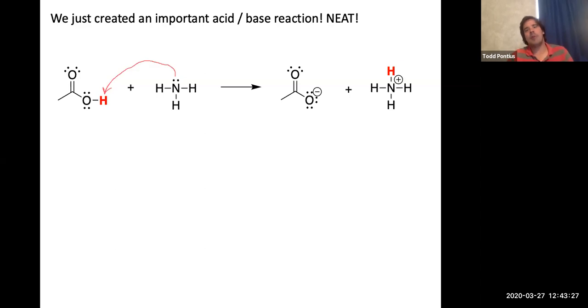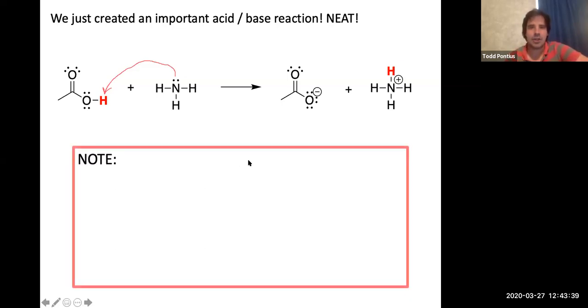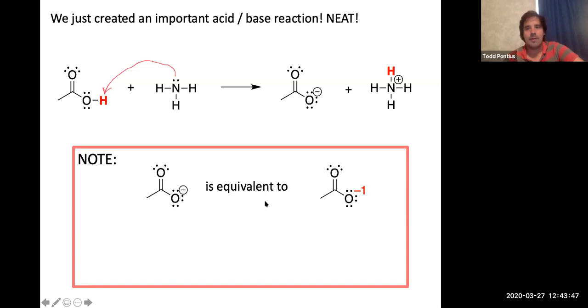And again, we'll talk more about this next week, but formal charges will help us understand what happens if a hydrogen moves from one molecule to another. And something that I want to note here, a convention, is that this way that I have the molecule drawn here, it's equivalent to putting a -1 next to that oxygen.